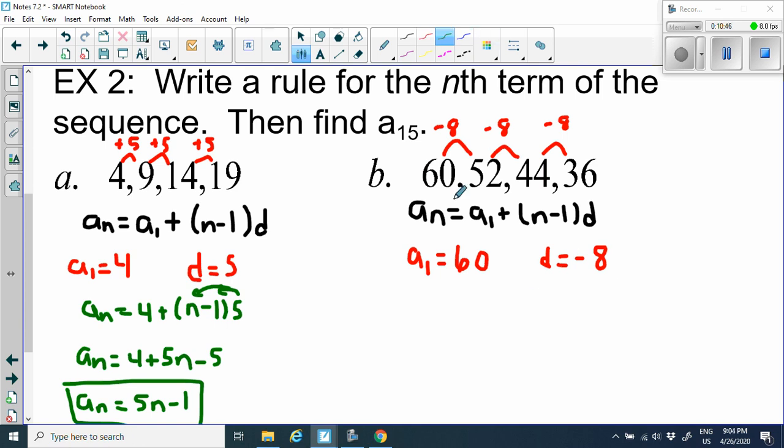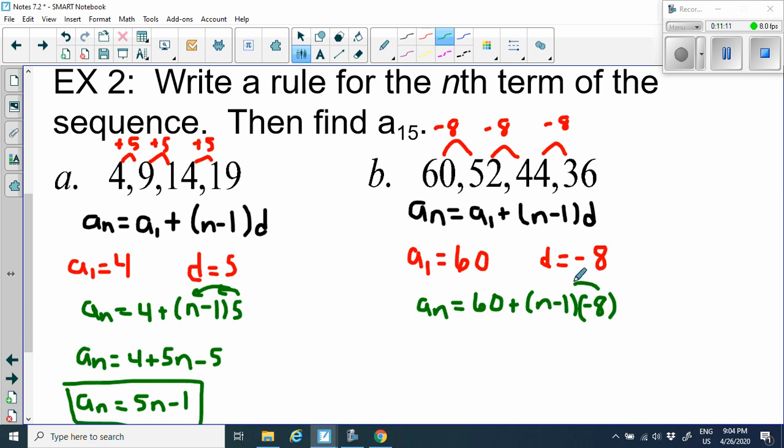So now I'm going to plug these two into my formula here. So I have my a sub n equals 60 plus, and then I have n minus 1 times negative 8. I'm going to put this in parentheses as well, so you know that's not minus 8, but times a negative 8.